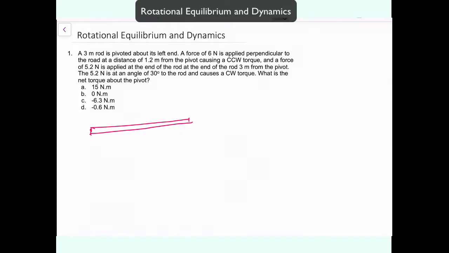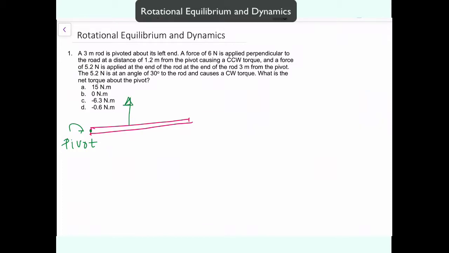You can call it pivot or hinge. A force of 6 Newton is applied perpendicular to the rod at a distance of 1.2 meters, causing a counterclockwise torque. So that means the force is acting like this.